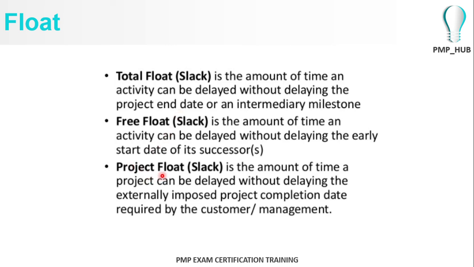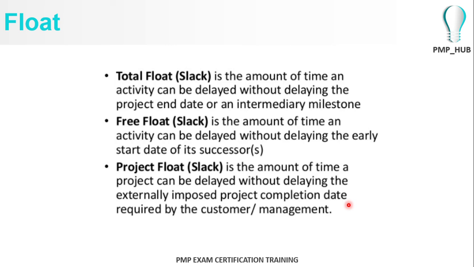And the project float is where the entire project can be delayed without delaying externally imposed project completion dates for your customer. Maybe, for example, you have promised a customer to deliver a system in the third quarter, by September 30th.